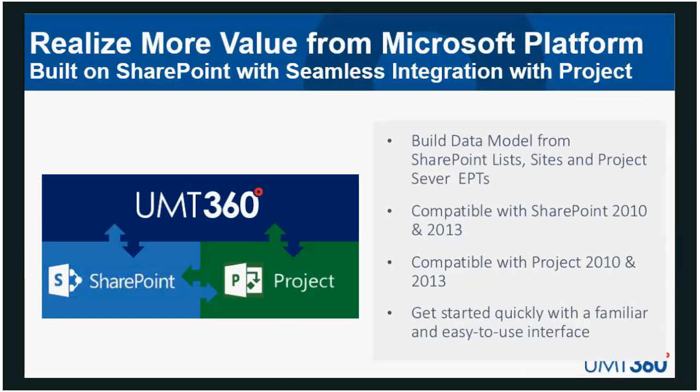As mentioned, UMT360 is building on top of SharePoint and seamlessly integrates with Microsoft Project. And we are compatible with both SharePoint 2010 and 2013. And we are very soon announcing UMT360 Financials for Project Online as well.